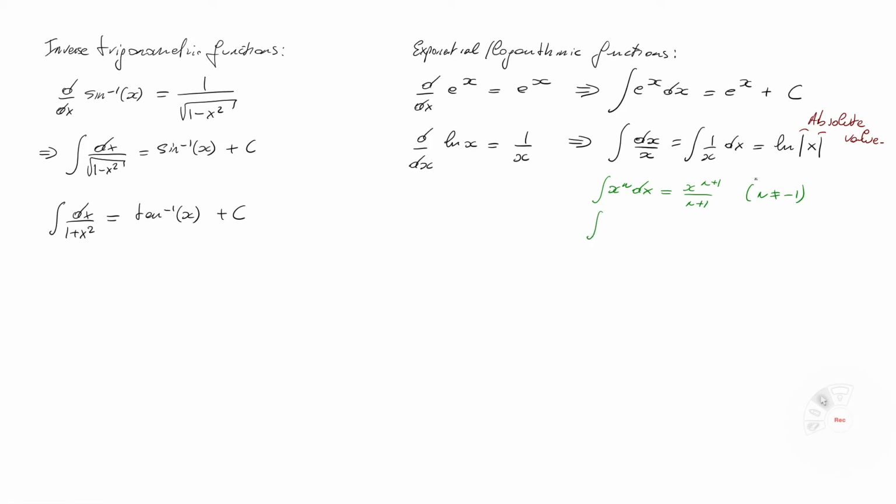And now the rule about the logarithm gives us the rule basically for what happens if n is equal to minus 1, because this tells us that the integral of x to the minus 1, or 1 over x, is the logarithm of the absolute value of x. So the integrands look very similar, but the outcome is very different when n is minus 1.